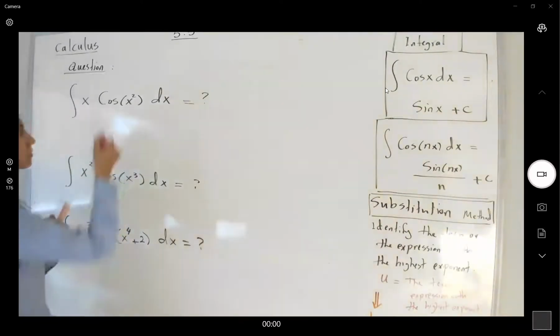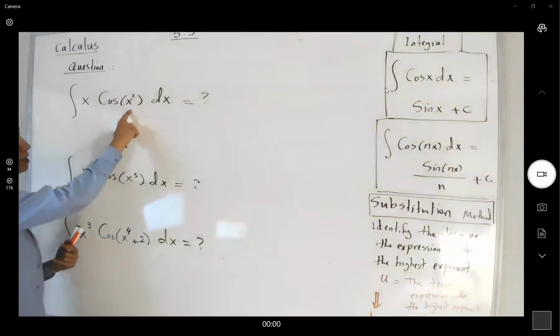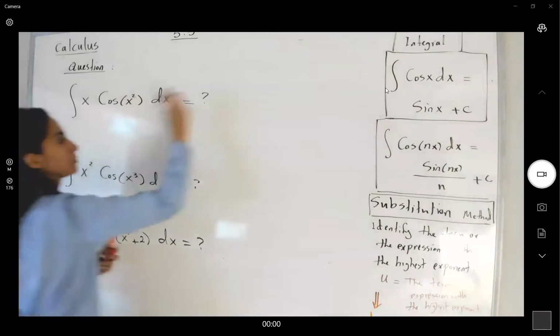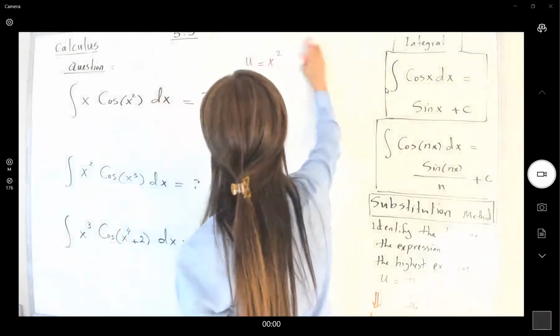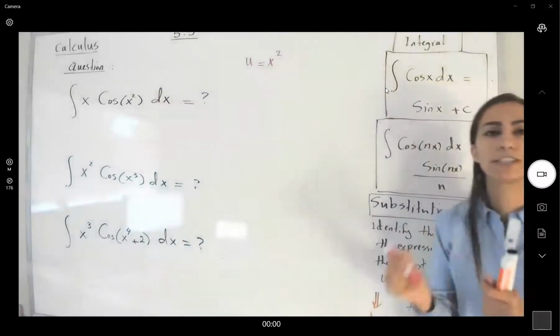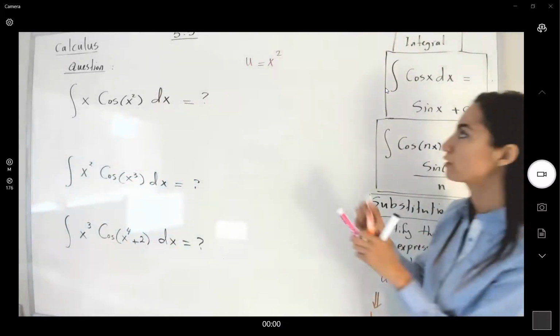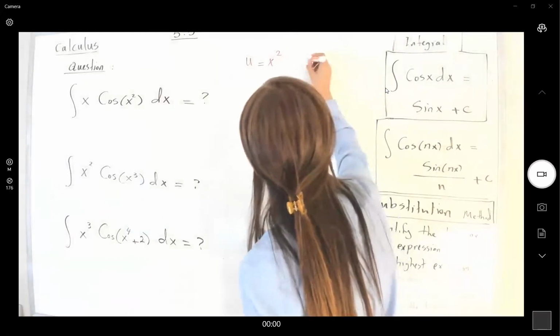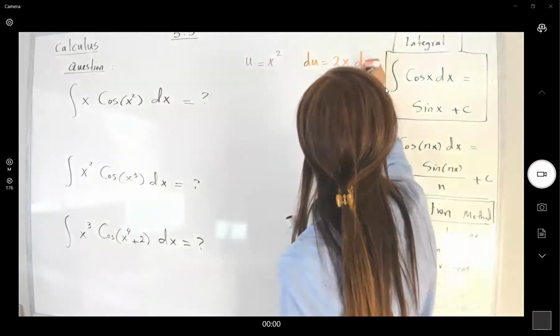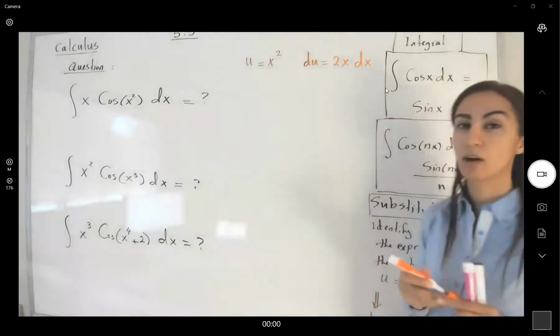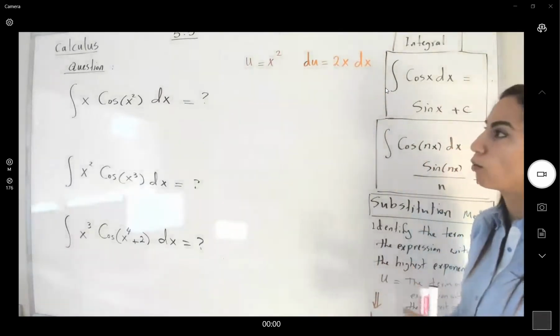So u is going to be x squared. In the next step, we need to find du, or the derivative of u. du is equal to 2x dx. Okay, now what?